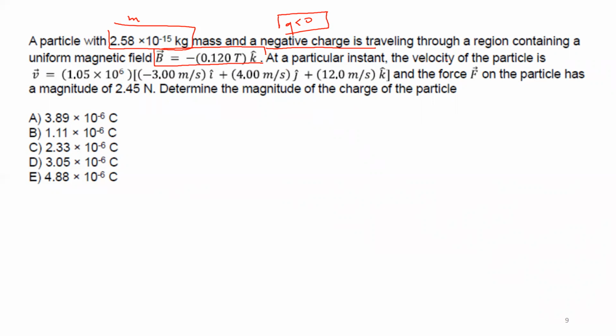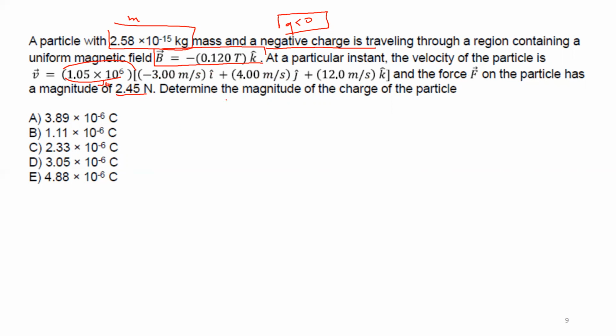At a particular instant, the velocity of the particle is v naught multiplied by minus 3 I hat plus 4 J hat plus 12 K hat. The force on the particle has a magnitude of 2.45 Newtons. Determine the magnitude of the charge of the particle.